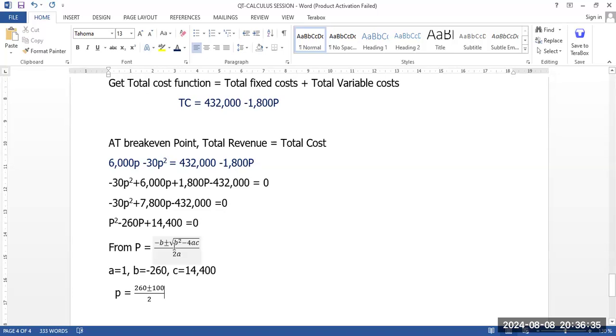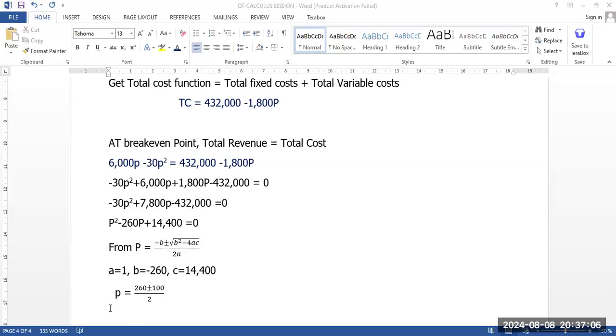Negative 260 squared gives 67,600 minus open bracket 4 times 1 times 14,400. I get 10,000. Then I take the square root of 10,000, I get 100.